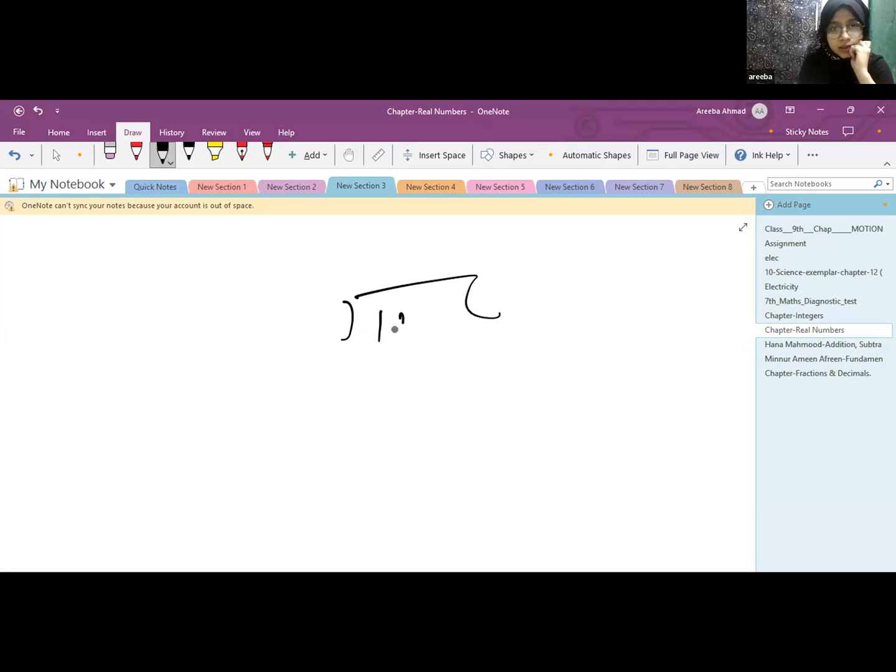Suppose it is 124, and I am going to divide it with 3. So tell me what will be the answer after dividing? 3 4s are 12, 0, 4. Okay? 3 1s are 3, 1. Alright?